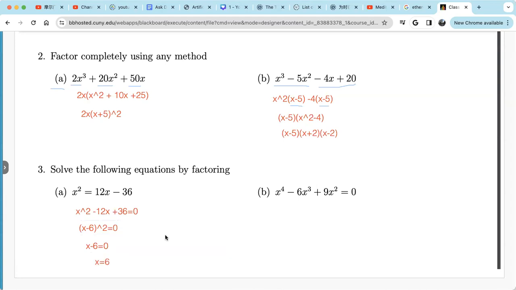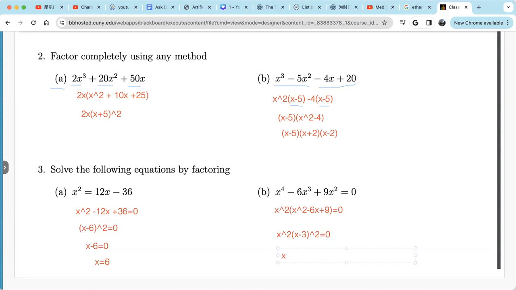So one solution. For B, we want to factor out x squared first, because every term has x squared as a factor. Then inside the parentheses, we have x squared minus 6x plus 9 equals 0. Then x squared times x squared minus 6x plus 9, which can be factored as x minus 3 squared, equals 0.